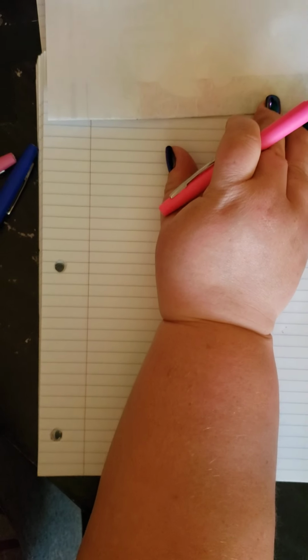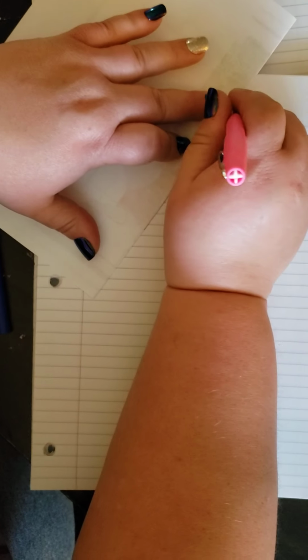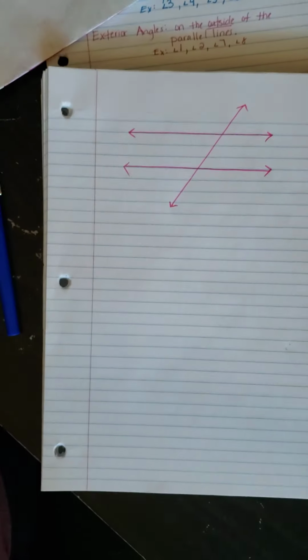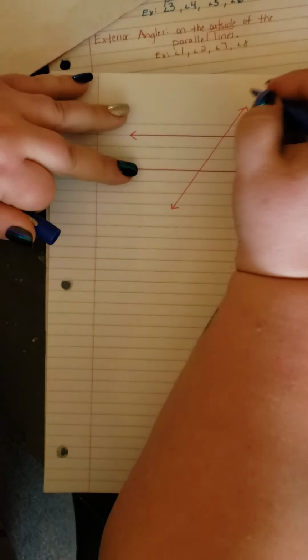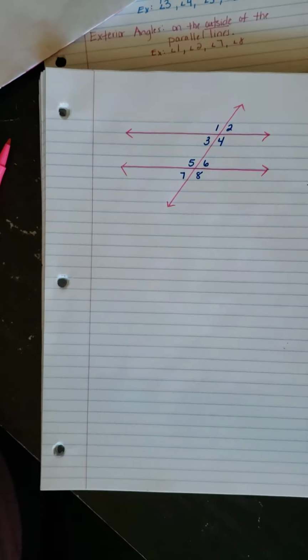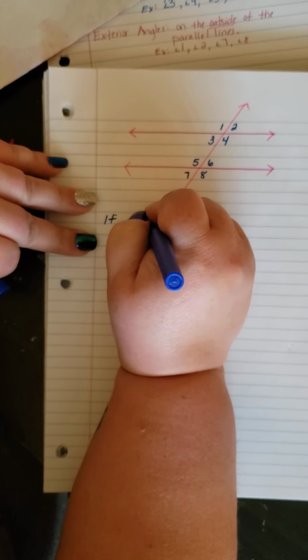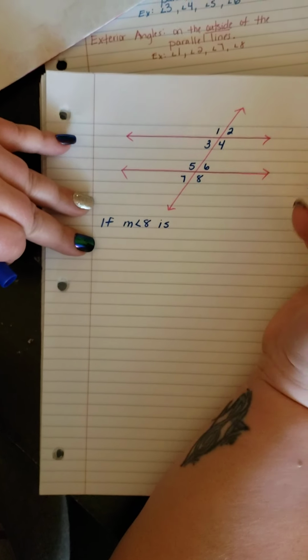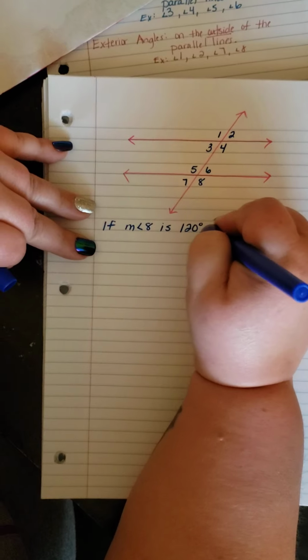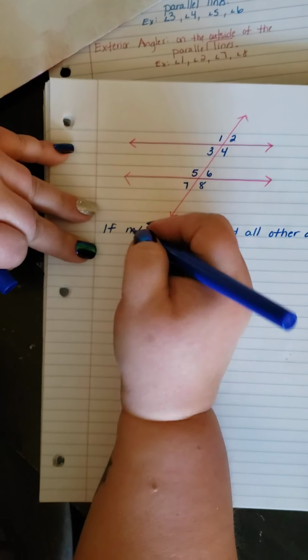If I've got angle 1, 2, 3, 4, 5, 6, 7, 8, and let's see, if the measure of angle 8 is 120 degrees, find all other angle measures.